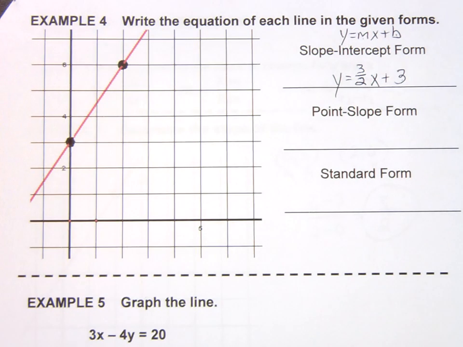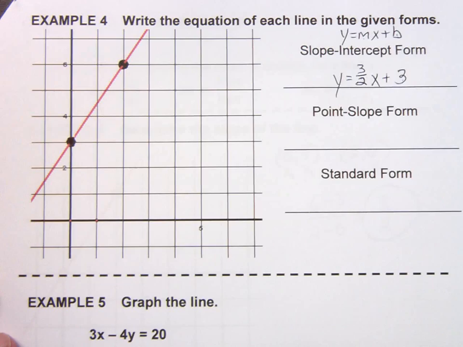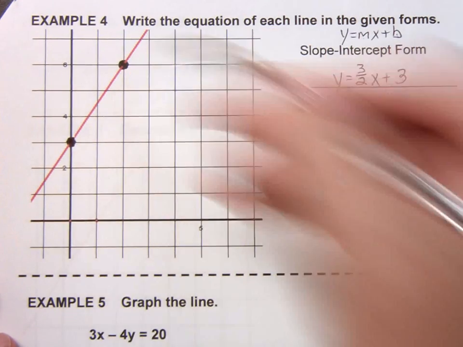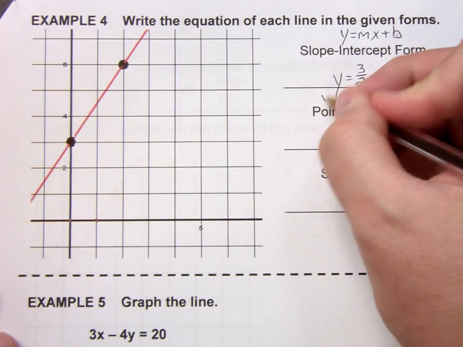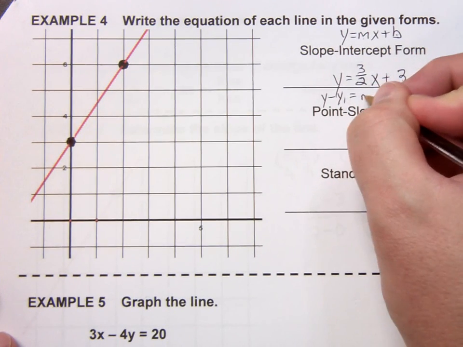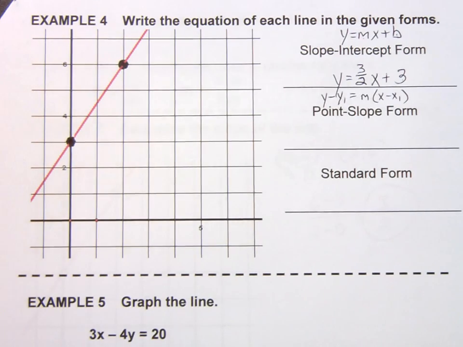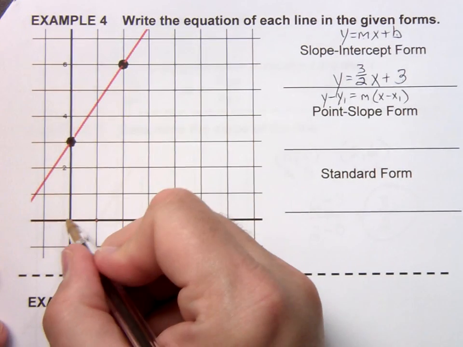Okay, for point-slope form, you need a point and you need a slope. So again, we already found the slope, up 3 over 2, and we have a couple of different points we could choose from. So remember point-slope form, y minus y1 equals m times x minus x1. So let's just say we're using this point. Remember the coordinates of this point are 0, 3.